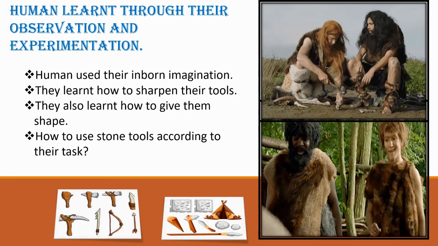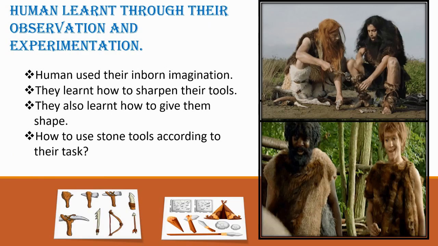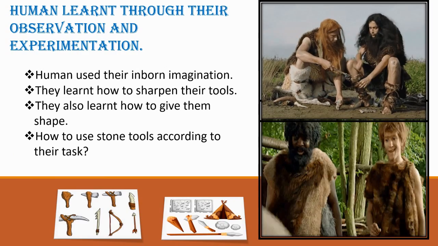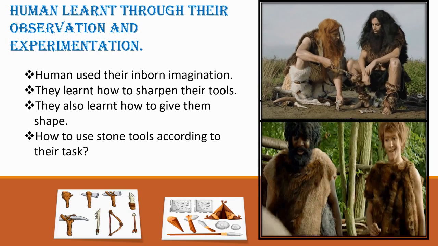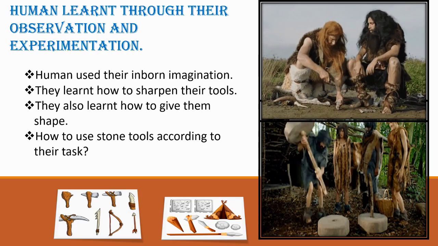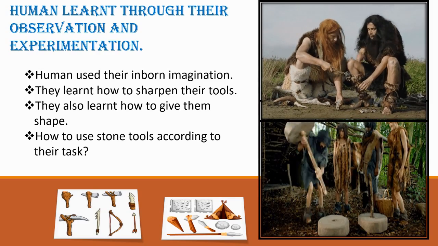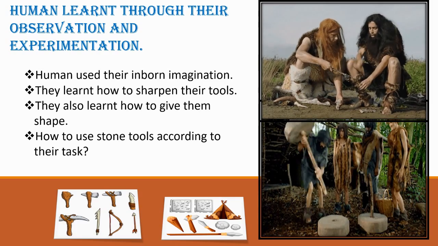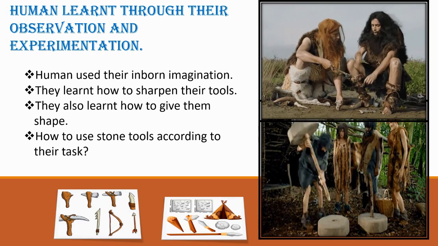Humans learn through observation and experimentation. So student, with continuous and minute observation, experimentation and inborn imagination, humans learned how to sharpen rods, bone, sticks and stone into tools to carry out their tasks more efficiently.